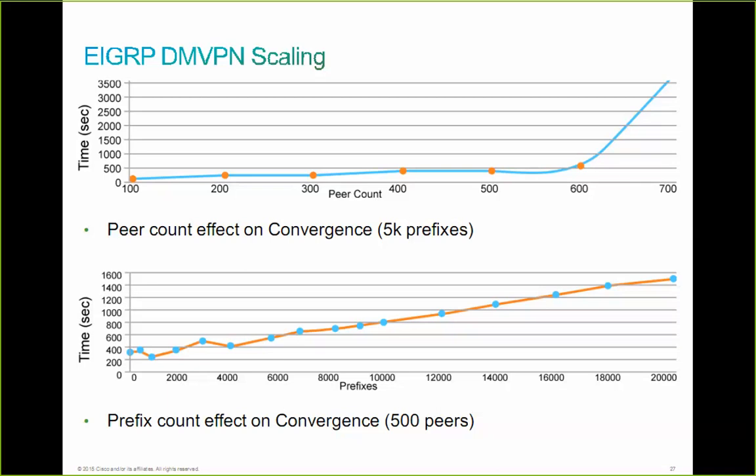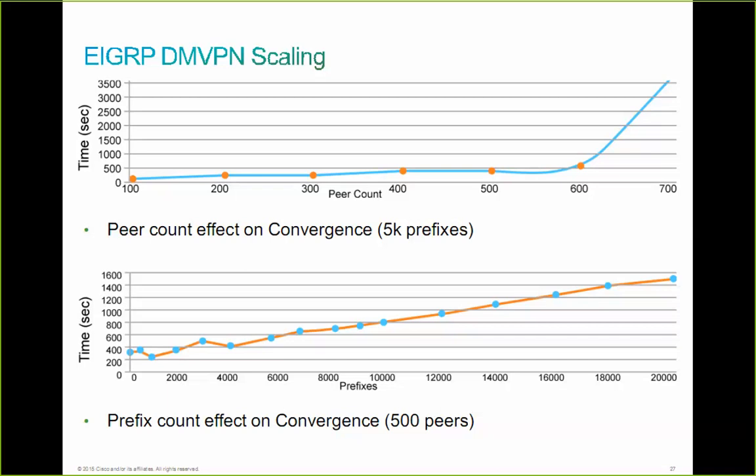In a production environment, a practical maximum number of EIGRP peers that you would get to see in a DMVPN phase 2 network is around 600 routers. That's generally about what we saw when we looked at a single hub and dual hub deployment.